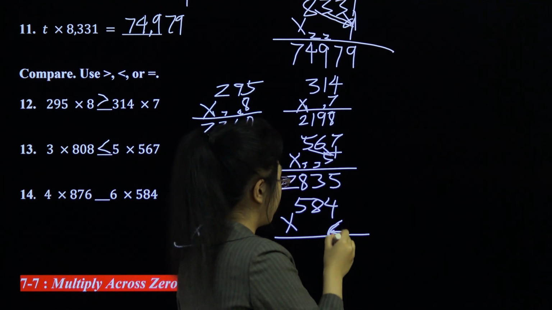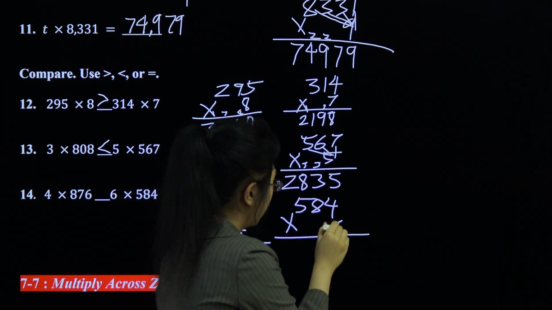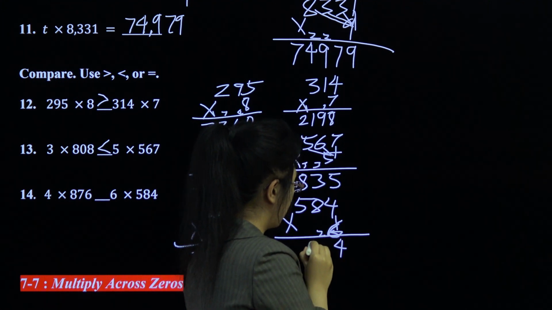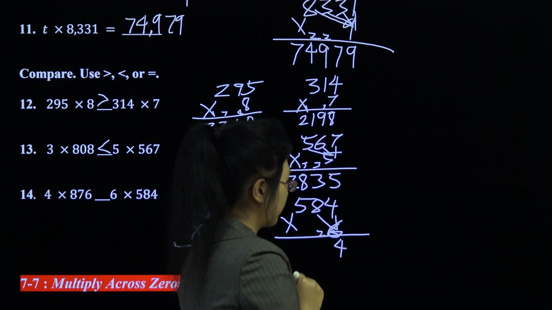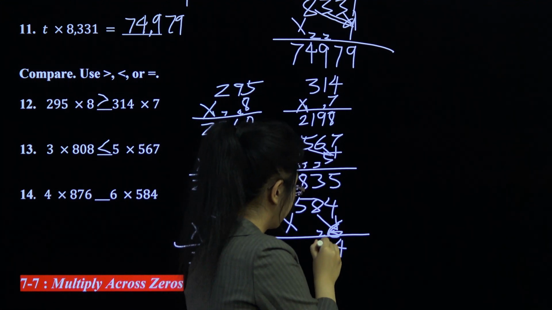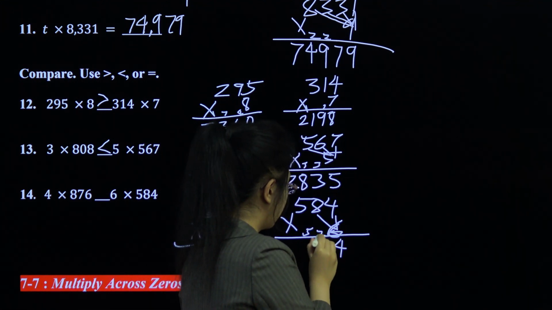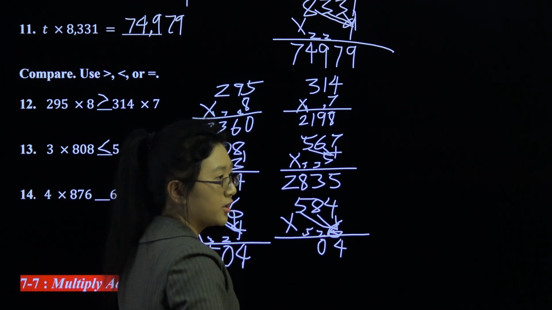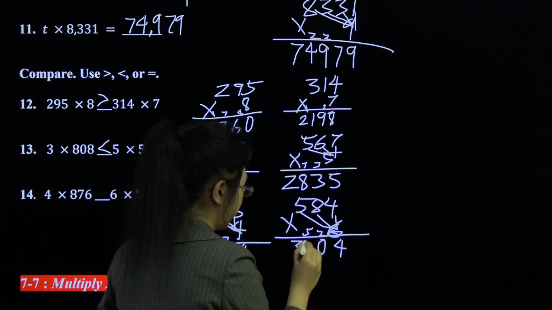We move on to the next number, which is 6 times 4, 24, regroup, 6 times 8, 48, plus 2, 50, regroup, 6 times 5, 30, 30 plus 5 is 35.